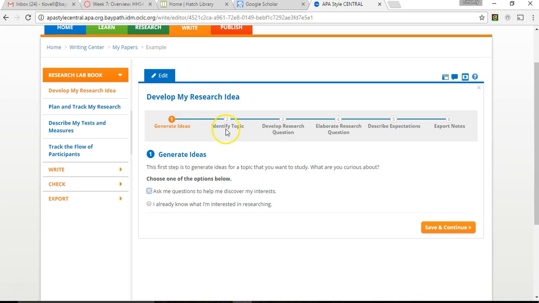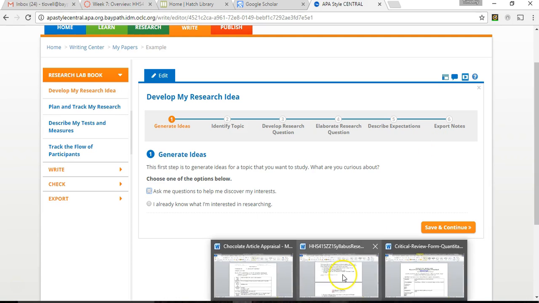You can see it gives you the plot of everything that you're going to go through. And you see right here at the end, export your notes. So when you get all said and done going through this, it'll give you a page or so of notes that you can print out, and then you can use, well, I will go back to the syllabus real quick.